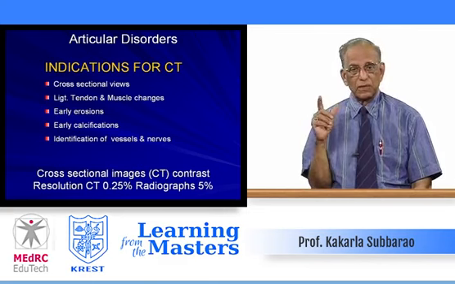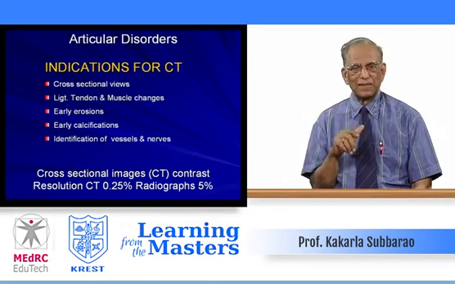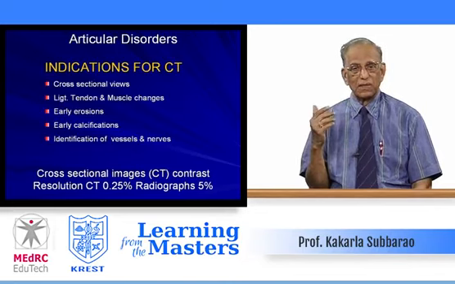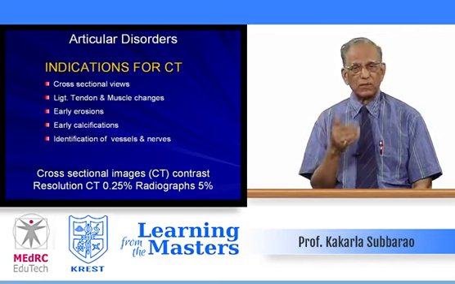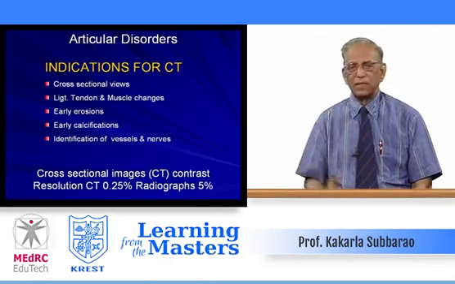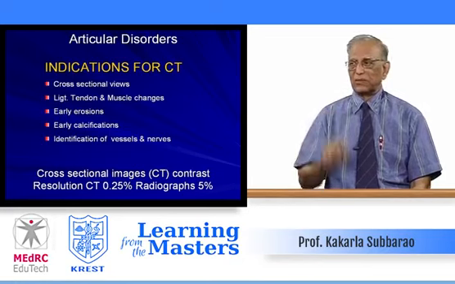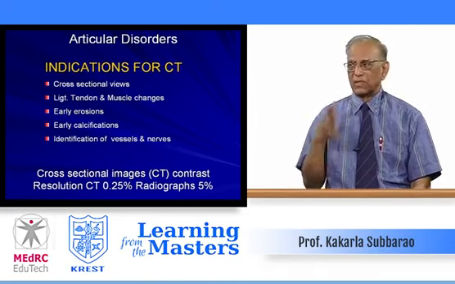Early erosions, as we said, can be seen by ultrasonography, but in CT also, though earlier in ultrasound than in CT. Early calcifications you cannot really tell by ultrasonography; all you can tell is it is echogenic. Fat, calcium, bone, you can't really differentiate. Whereas by CT, although the plain films may not show any calcium, CT is so sensitive it shows early calcium. And of course, identification of vessels and nerves.